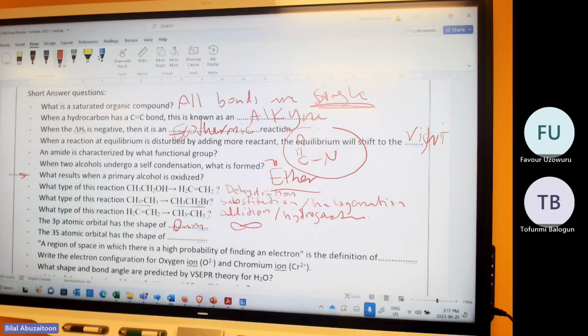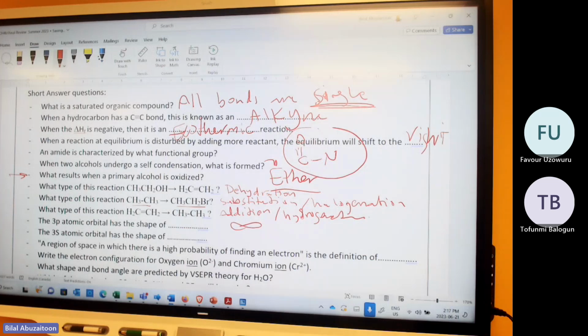It's like this, or infinity, or dumbbell, okay? That's sigma. 3p is not alkene. P is atomic orbital, any atom.